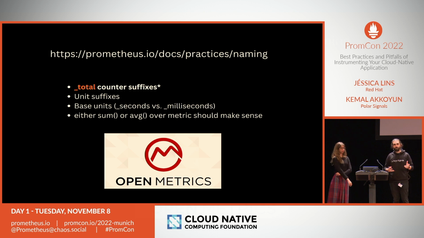There are a lot of talks out there. You can check them out. The one thing I would like to emphasize is the total suffix. It's not optional or just a convention anymore for client Golang, for example, because we are planning to migrate to OpenMetrics at some point, and at least if you are using counters, please make sure that you are using a total suffix.